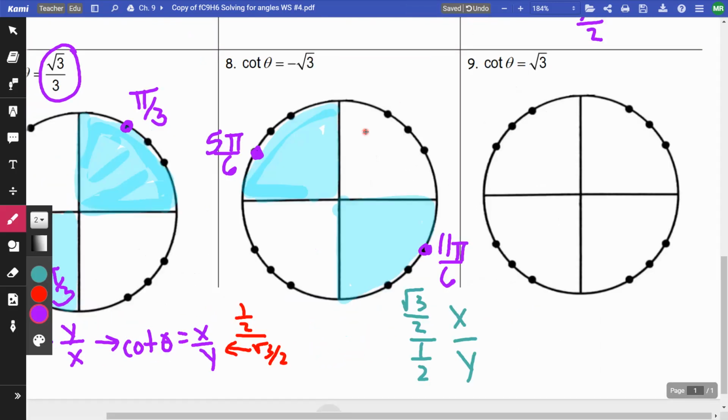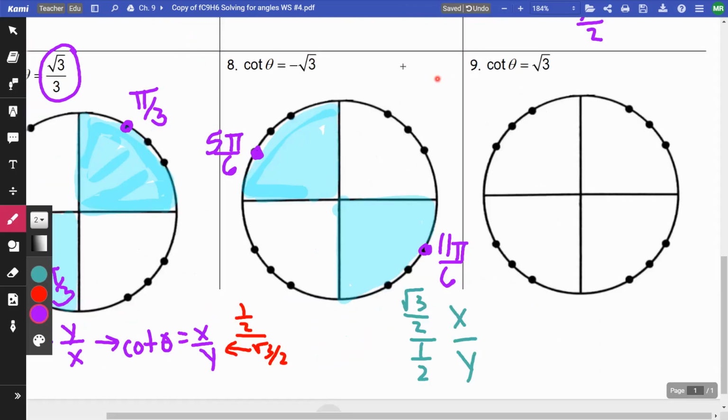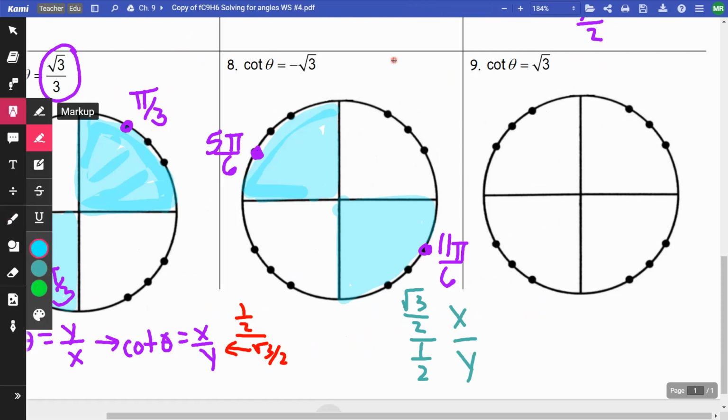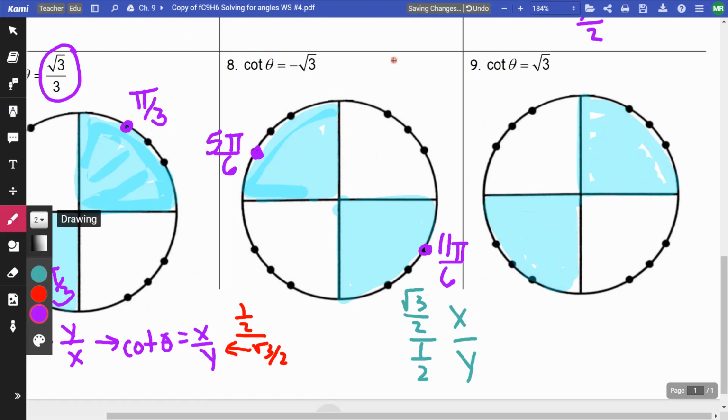Now, the last one here is going to be a positive root 3. So again, positive cotangent is in quadrant 1 and quadrant 3. And so again, for cotangent, we want x over y.